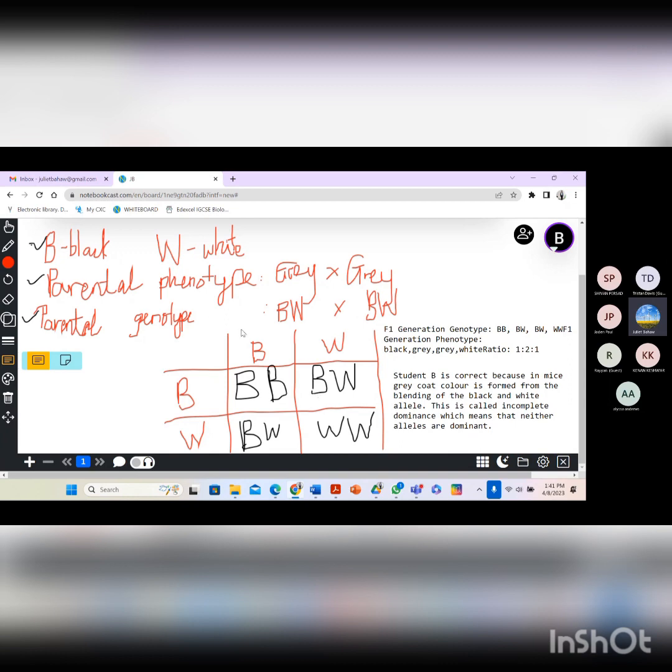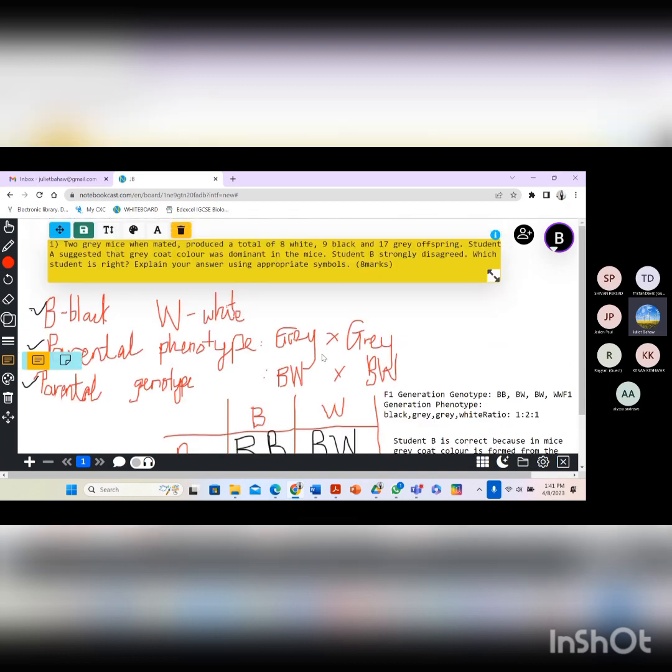These tend to be trickier. They don't give you hard colors. They will give you black and white with gray. In flowers, I have seen they give you a red flower and a white flower to form pink. So I'll bring that question up just to see if you can do it on your own, and then we'll move on to another type of question.